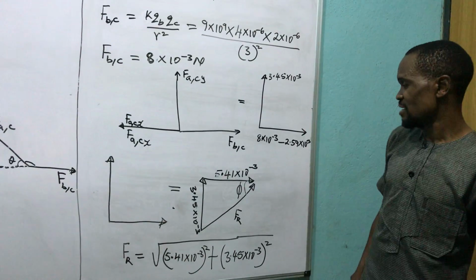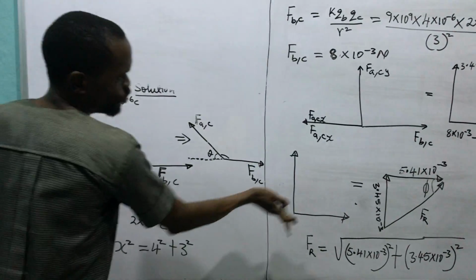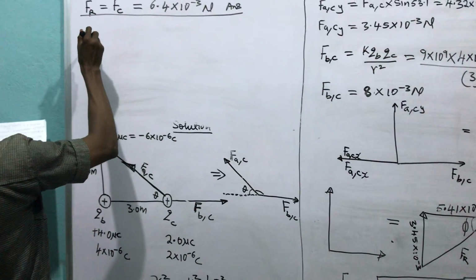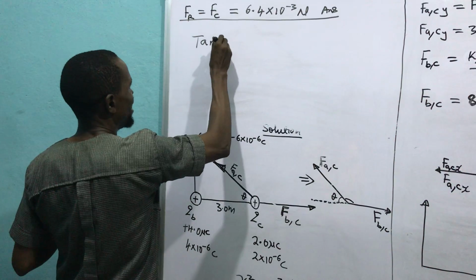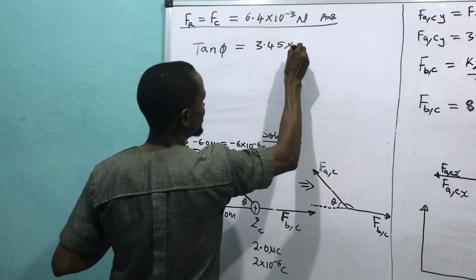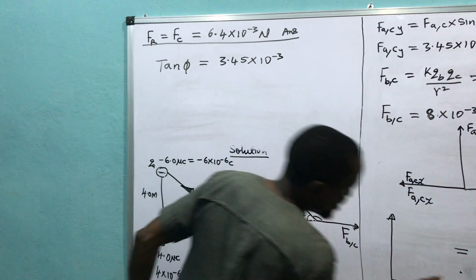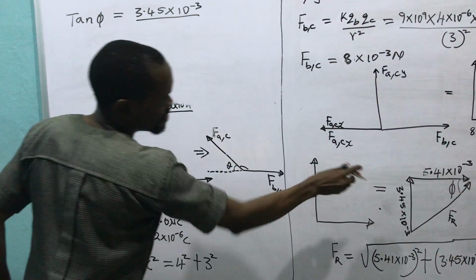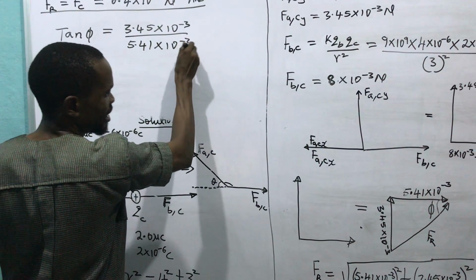We'll call it phi. So if I want to calculate this, it will be tan, opposite over adjacent. Tan phi is opposite, which is 3.45 times 10 raised to power minus 3, all over adjacent, which is 5.41 times 10 raised to power minus 3 as well.